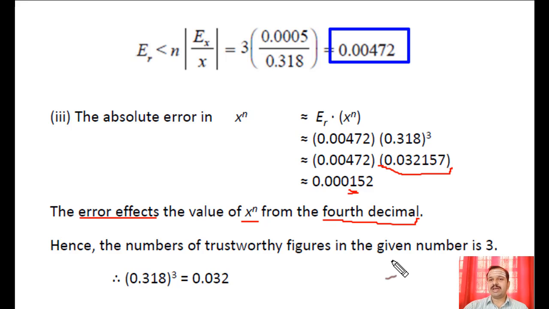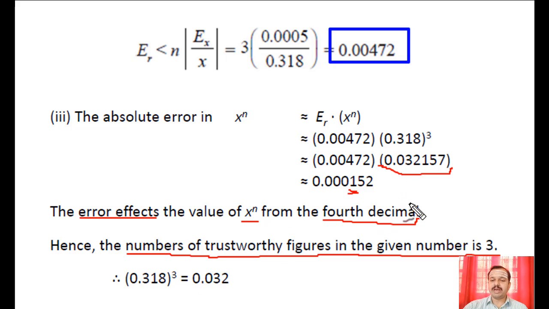Therefore, when the answer is affected only from the fourth decimal place, we can say that the number of trustworthy figures in the given number is 3. When the total answer is affected only from the fourth decimal place, the first three places are okay; the first three decimal places will not be affected. So the number of trustworthy figures in the given number is 3. So what is the answer of 0.318 to the power 3?